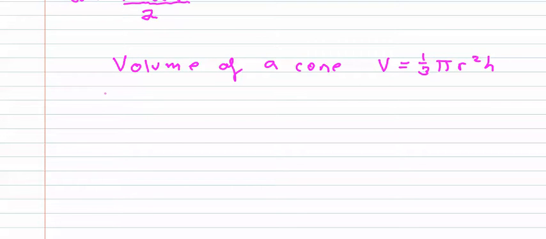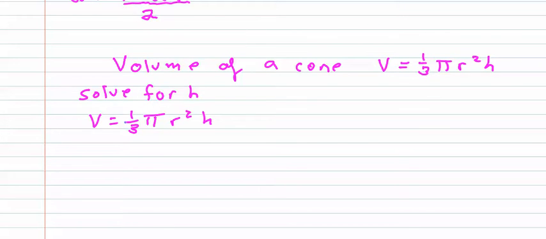We are going to solve this equation for 2 different variables. We're going to do 2 separate problems. One, we're going to solve it for h. So the volume is 1/3 pi r squared h.